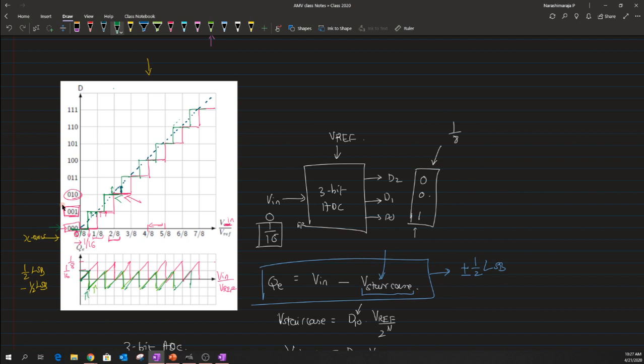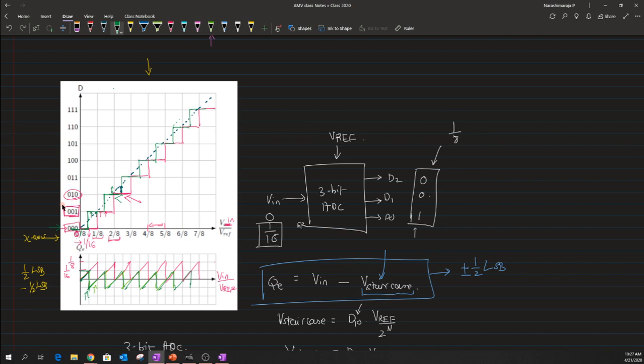There is a negative value of VLSB just because of this predetermined value for an input that is lesser than the expected output. Even for an input value of 1 by 16, we are getting an output which is supposed to be for 1 by 8, and due to this the quantization error moves in the negative direction. We get a negative value out of this.